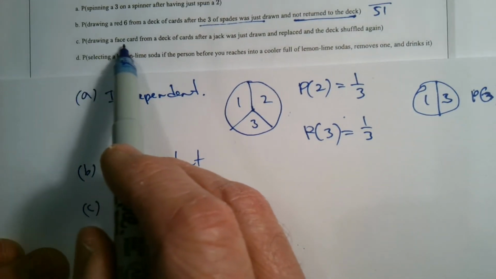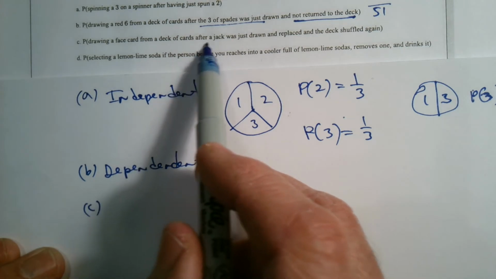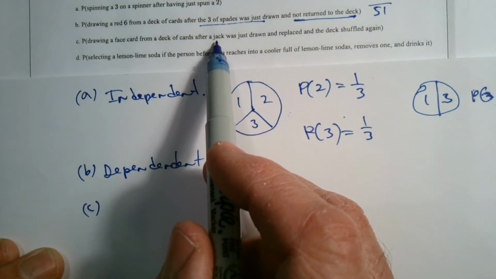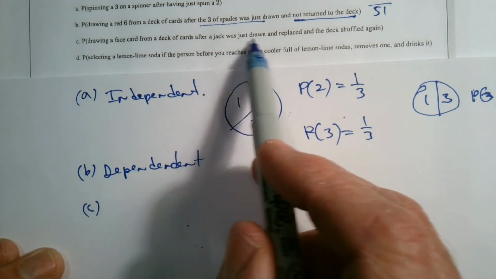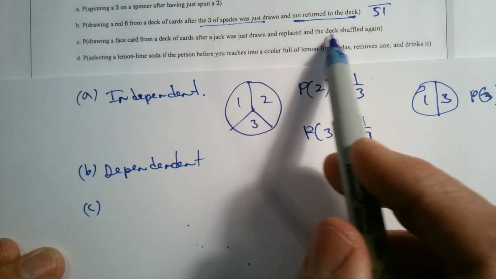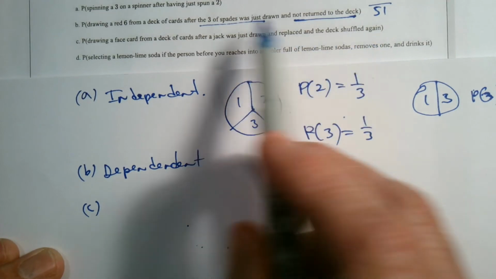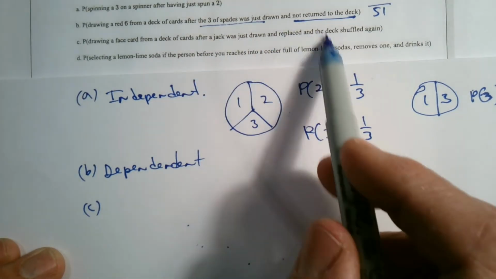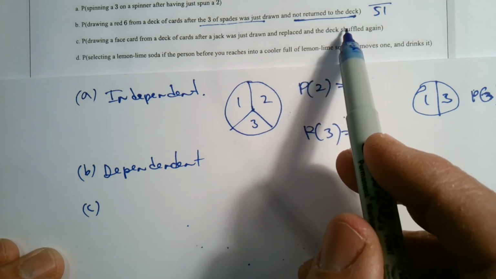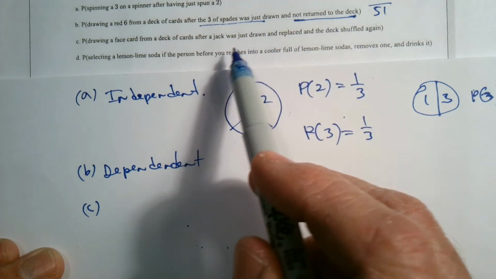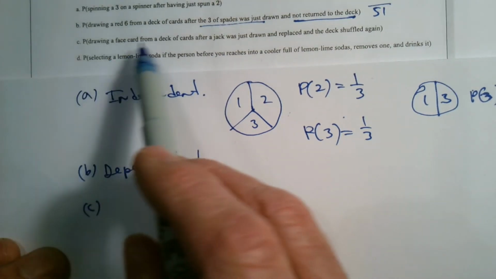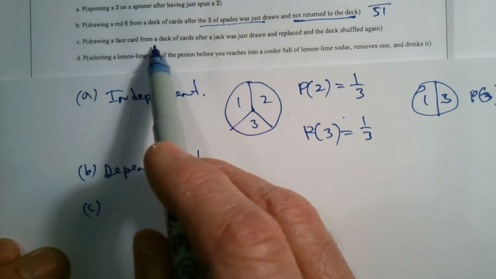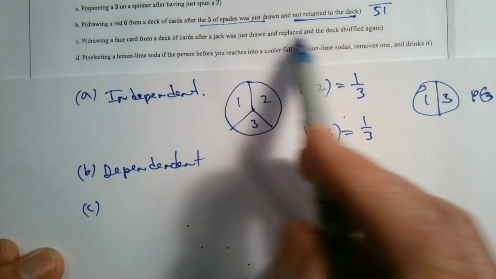C says drawing a face card from the deck of cards after a jack. So you drew a jack, and now what's the probability of drawing another face card? But what do we say? After a jack was drawn and replaced and the deck shuffled. So I drew a jack, but I put it back in the deck and shuffled the deck. Is my deck of cards any different than before? No. I still have the same probability of drawing a face card.